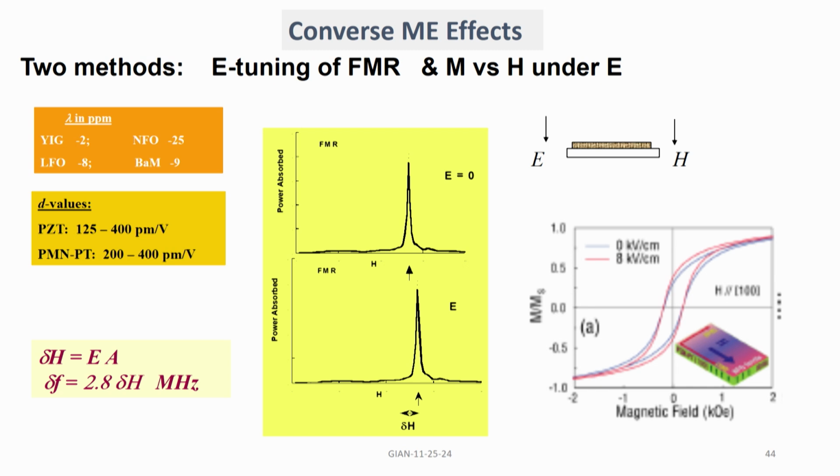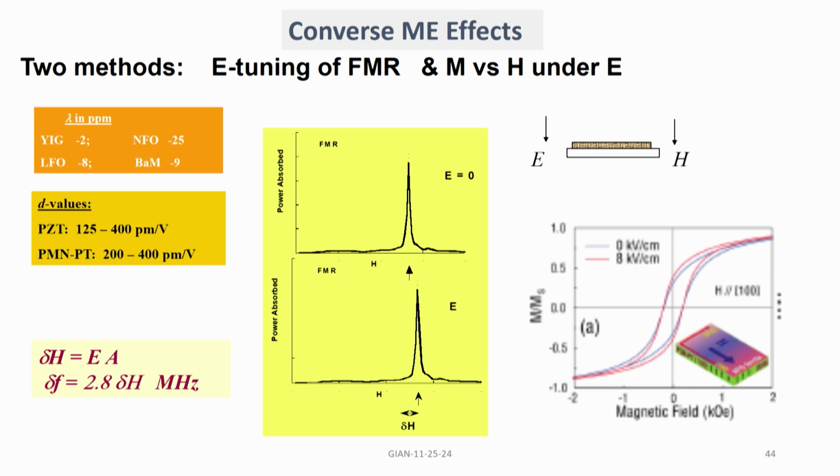What's shown here is a traditional ferromagnetic resonance under no electric field. So what is ferromagnetic resonance? Now if there is a ferromagnet, you apply a static magnetic field, the magnetization will precess around the applied magnetic field. It's called Larmor precession. It has a finite frequency. Okay.